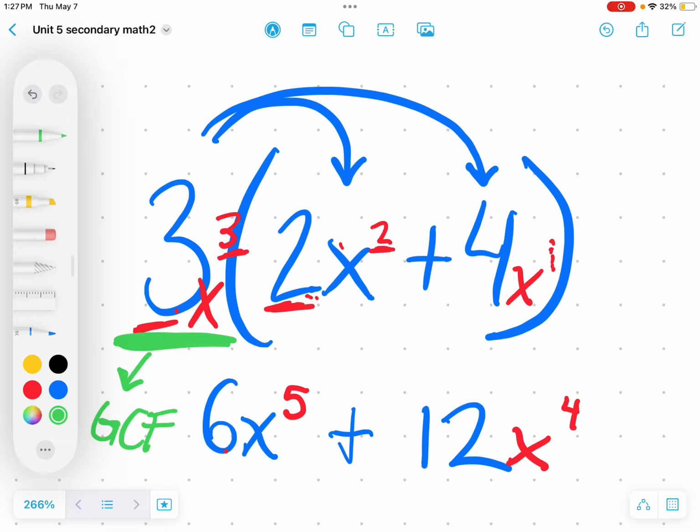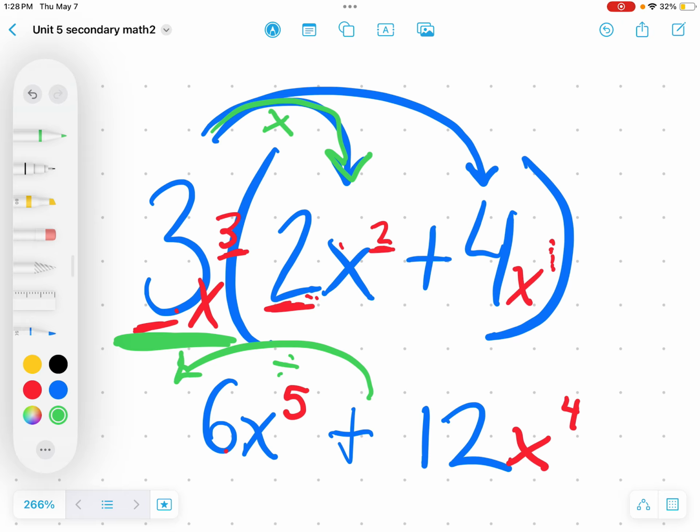So you figure out your GCF between your numbers, and then you take it out. What operation was it when we distributed? Multiplying. To undo multiplying, we divide. So factoring is finding the GCF and then dividing everything by the GCF.